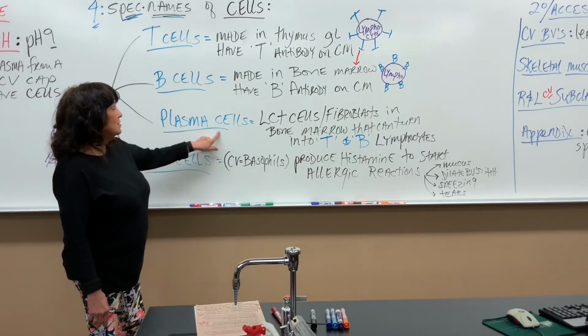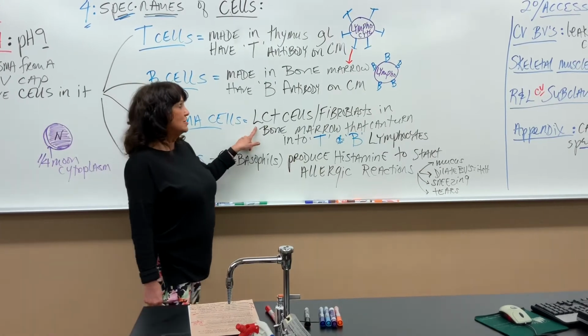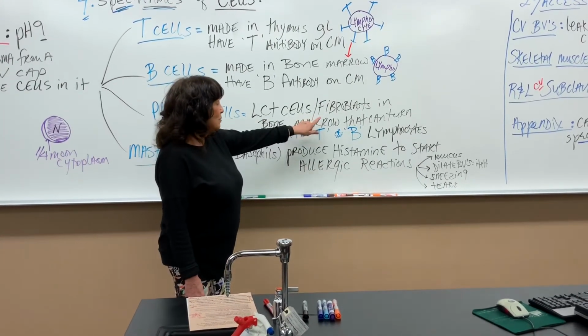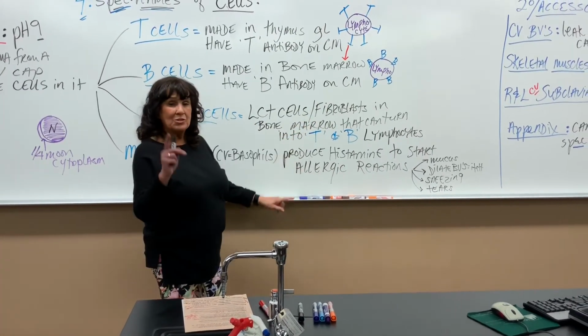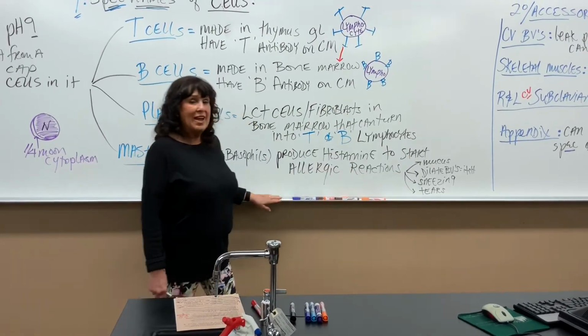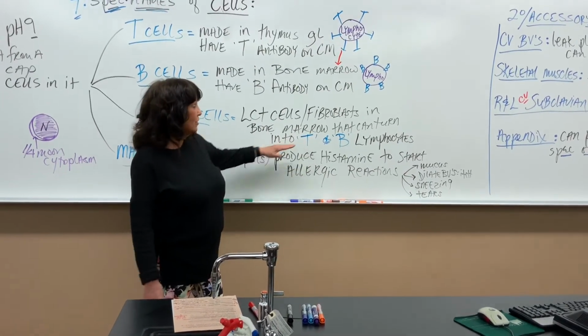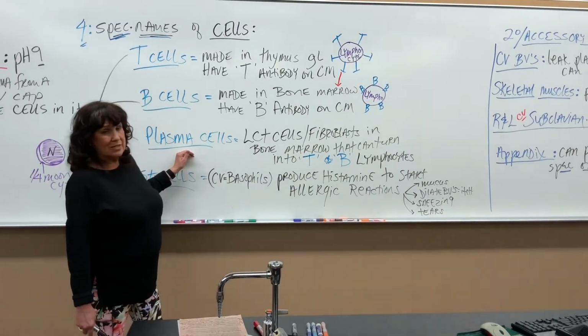And so plasma cells are essentially T cells or fibroblasts in your bone marrow that can turn into T or beta lymphocytes. And this is where you get your long-term immunity from right here, these famous plasma cells.